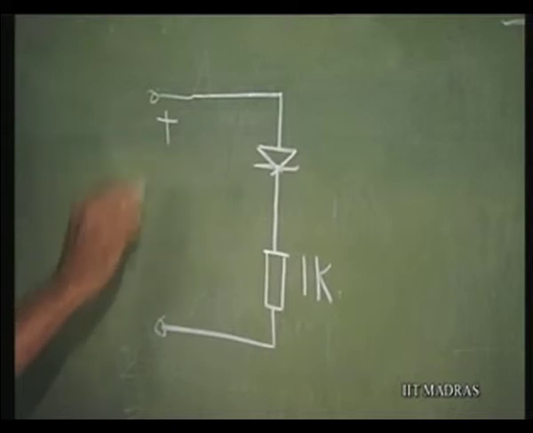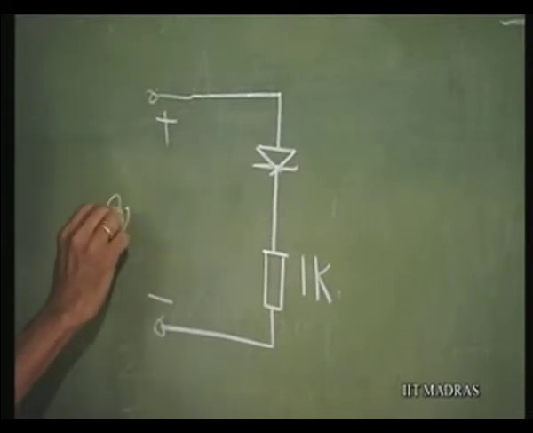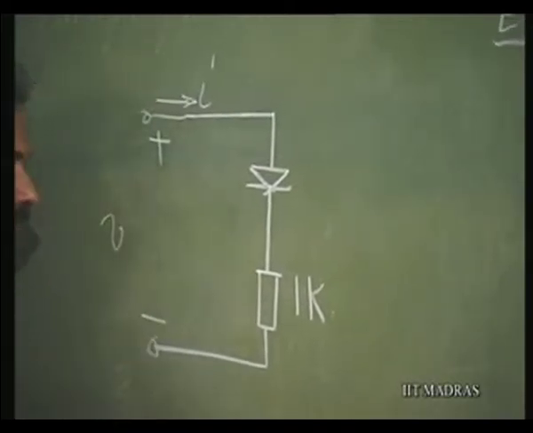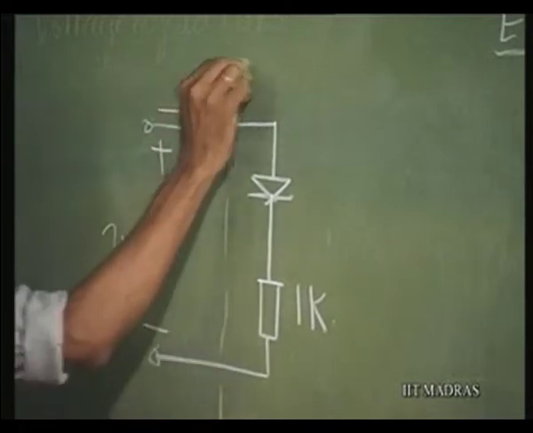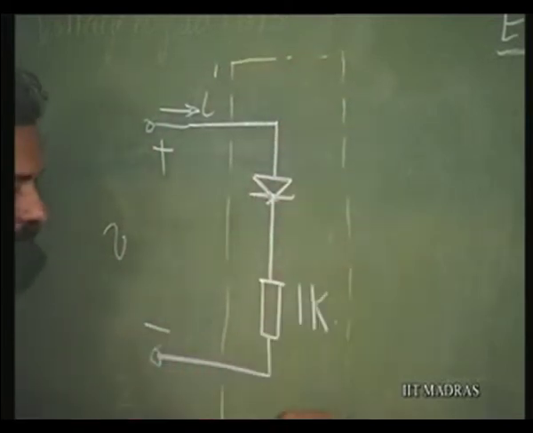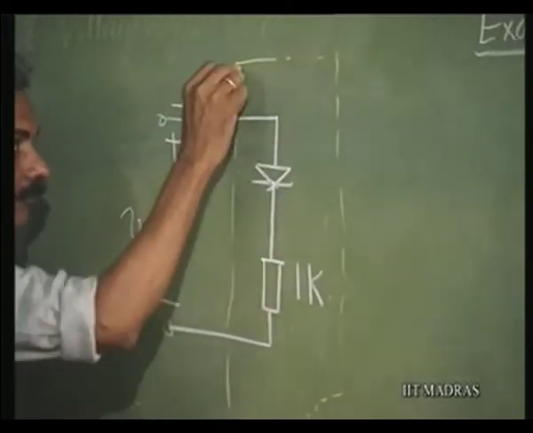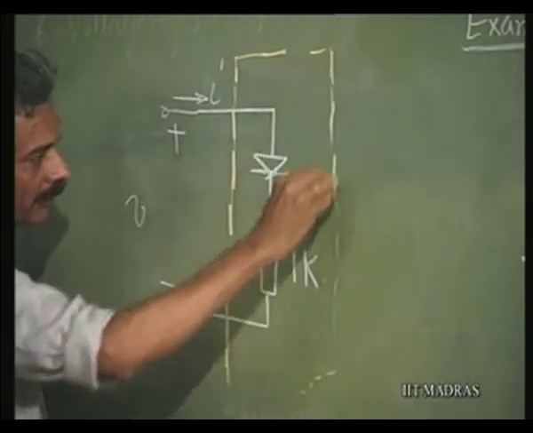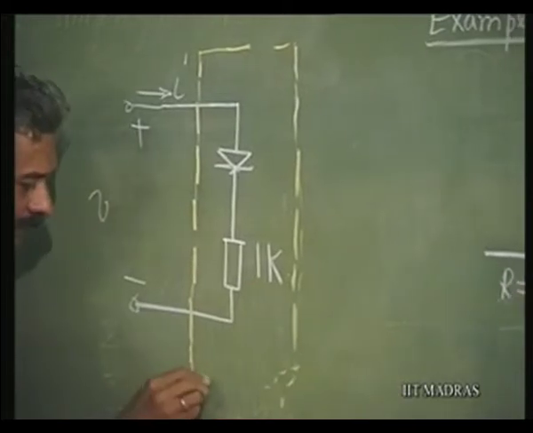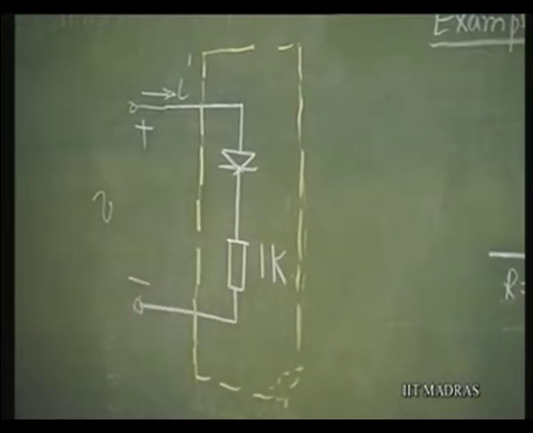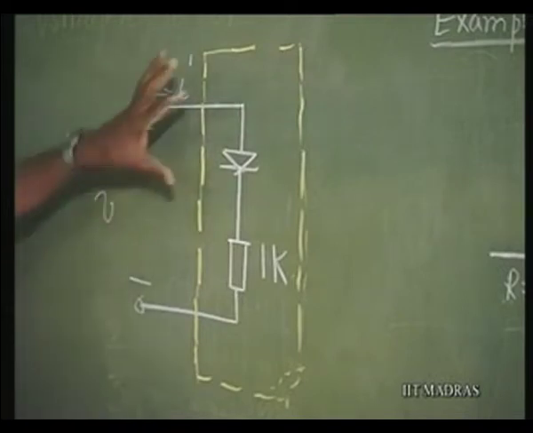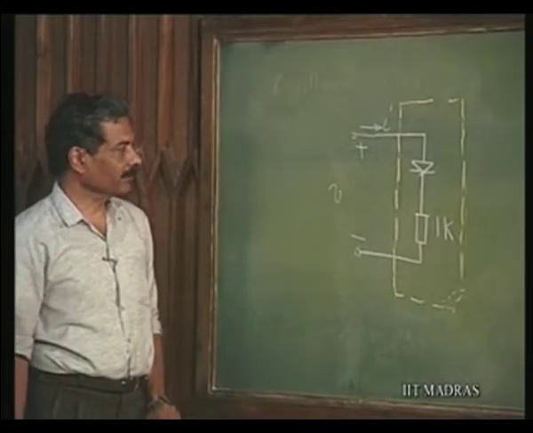So, now I am going to ask you, plot V versus I for this special circuit that we have made along with diode and resistor. This is our circuit, 2 terminal composite circuit which uses a diode and a resistor. Let us see what this characteristic of this composite circuit looks like.